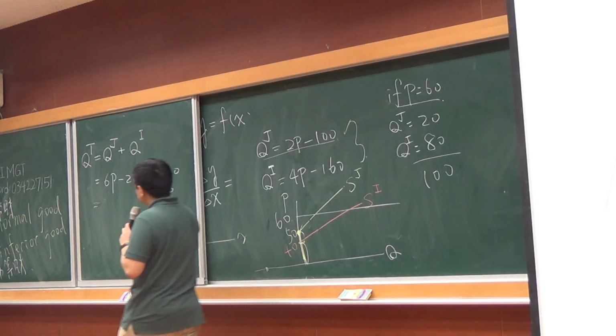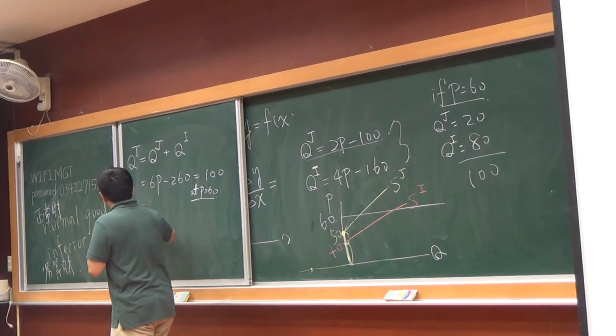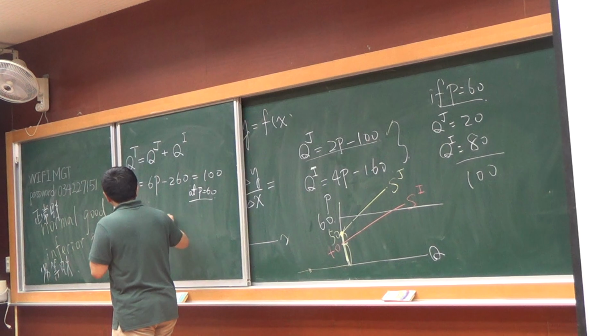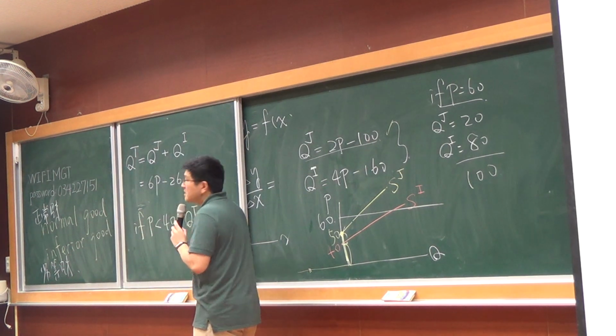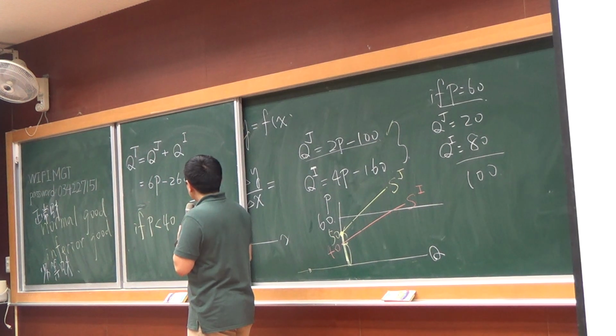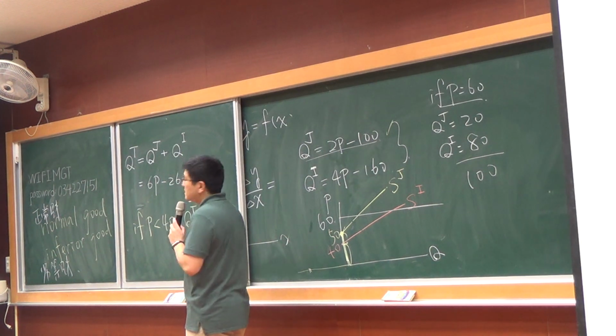If the price is less than 40, the total quantity supplied in Japan would be 0.